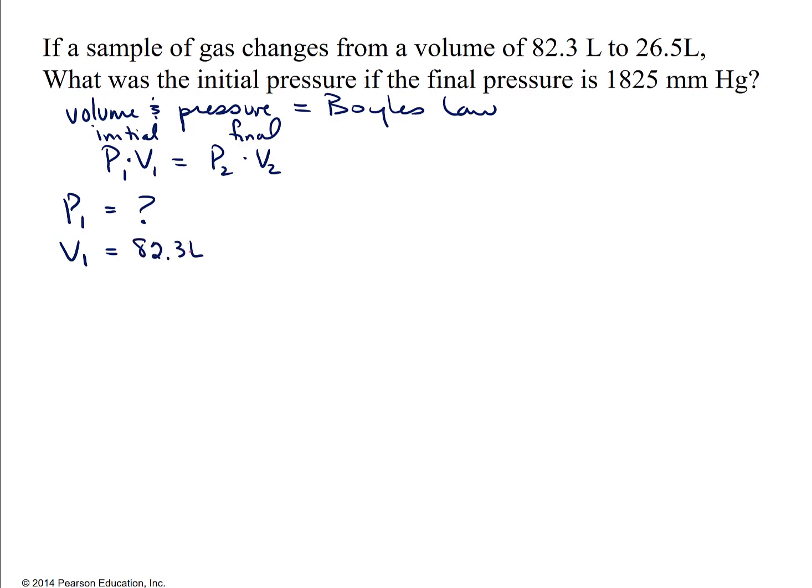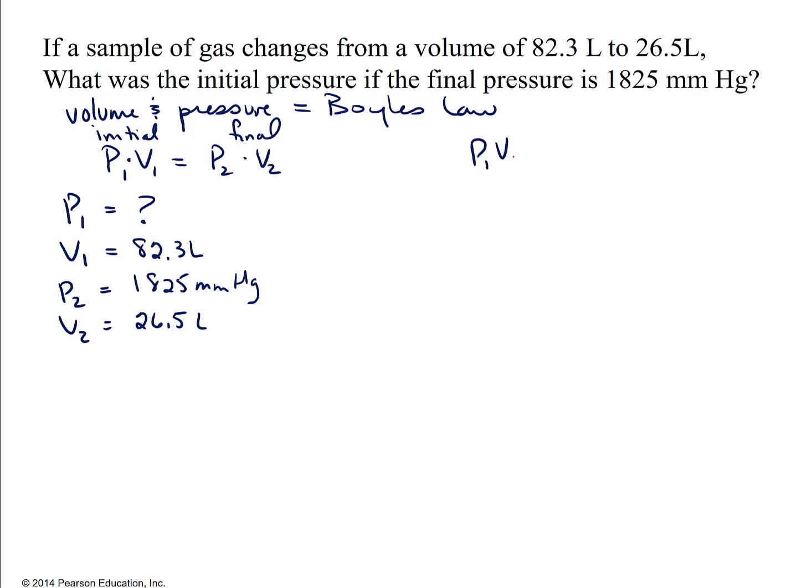The sample of gas changes from a volume of 82.3, so that's the initial. Do we know P2? Pressure: 1,825 millimeters of mercury. And do we know V2? 26.5 liters. Okay, so we need to find P1.